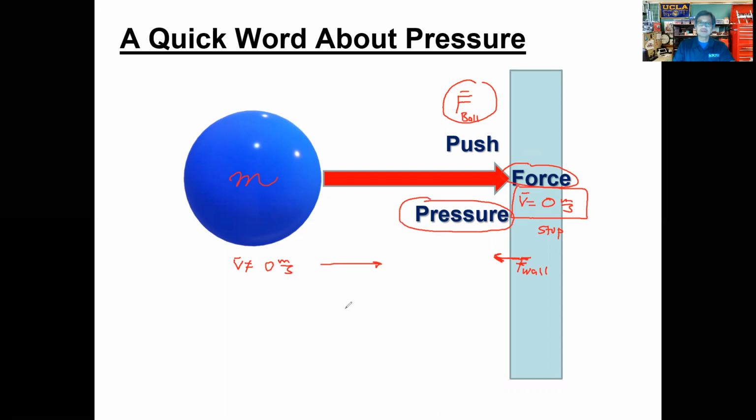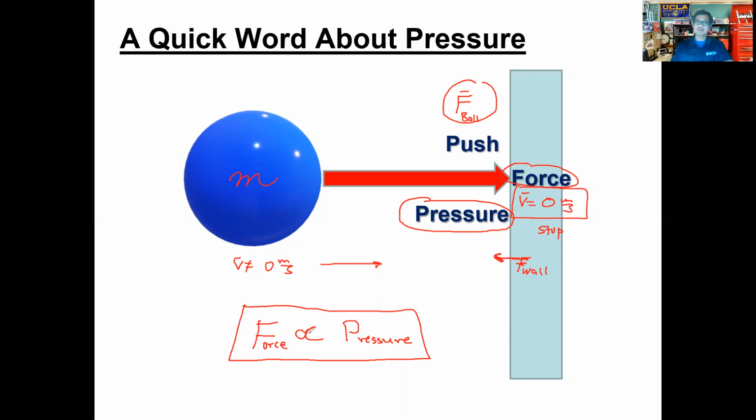So there is a relationship, and we'll write it this way: there has to be a relationship between the force that an object exerts and the pressure that it exerts. This symbol here is a proportionality symbol. You see that in math. Basically, it's expressing a relationship between these two quantities.